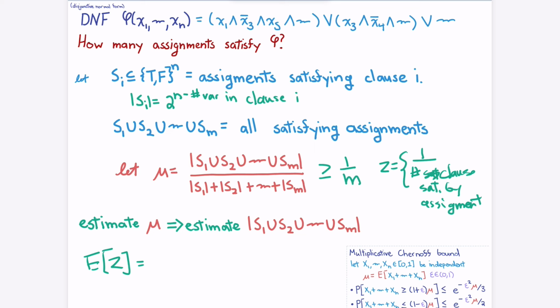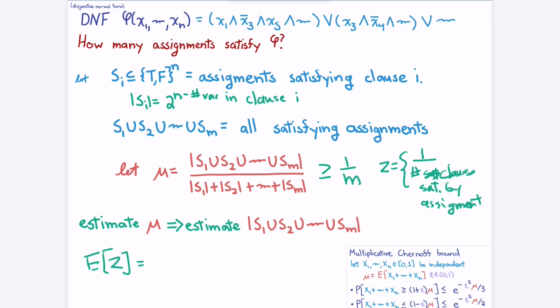So we sample the index i, and then we sample x in S_i uniformly, and then we divide by the number of clauses satisfied. The first step is not uniform.